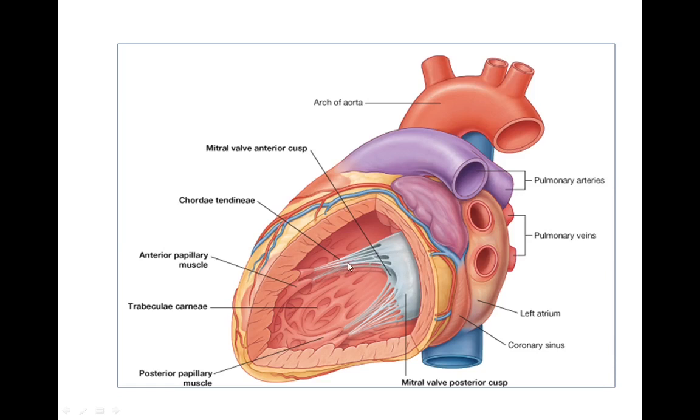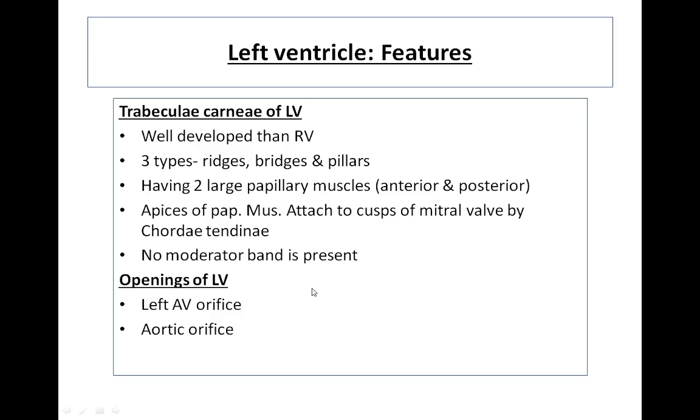That is called the chordae tendineae. In the right ventricle, the right atrioventricular orifice is guarded by the atrioventricular valve, that is the tricuspid valve, having 3 cusps, which is why there are 3 papillary muscles on the right side. But on the left side, the cusps are 2, so it is bicuspid, and we have 2 papillary muscles. You can try to remember it that way. So the apexes of the papillary muscles are attached to the cusps of the mitral valve by means of chordae tendineae.